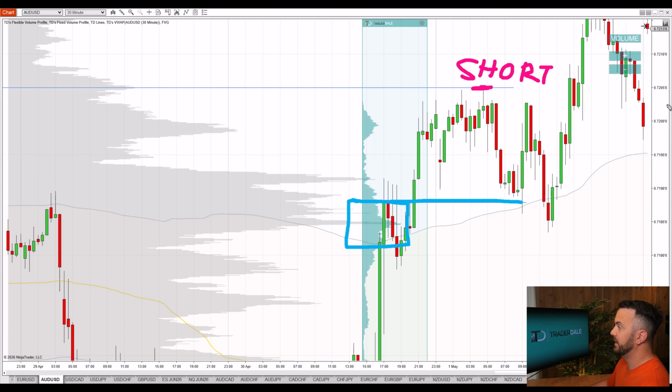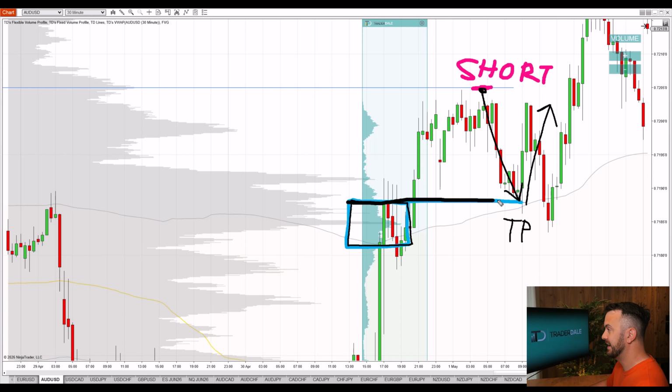I was simply afraid that the price would react to this heavy volume zone and turn, which, as you can see, it did. So I went short from here and took the take profit here at the beginning of the first barrier standing in the way. That's how I do it. That's how I place my take profit.